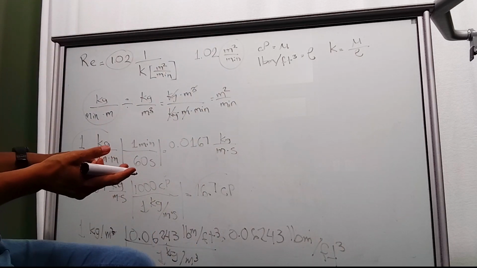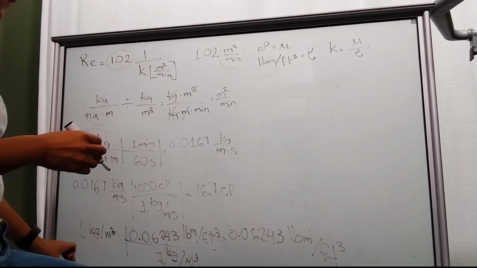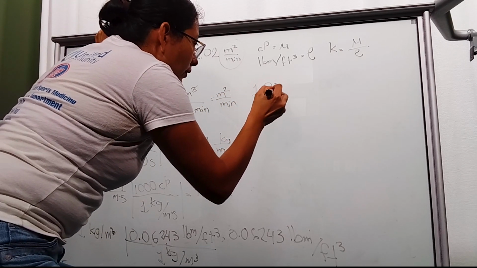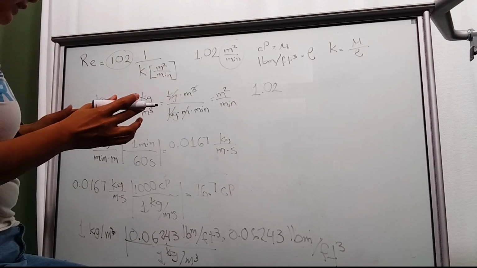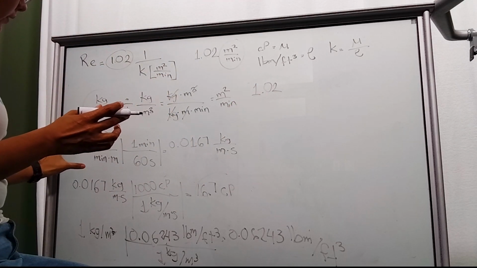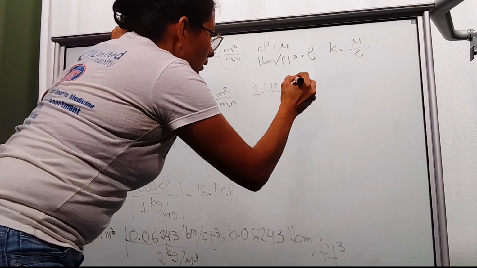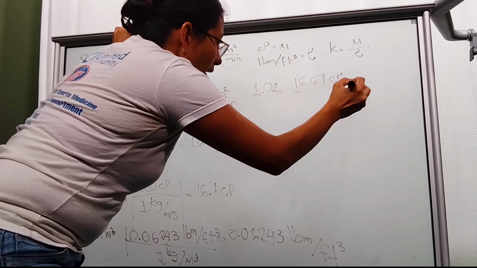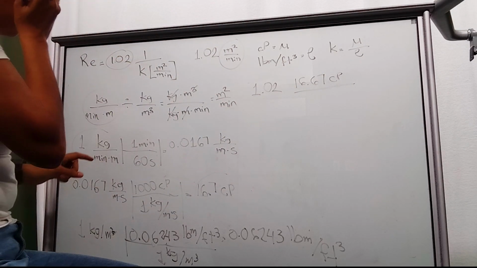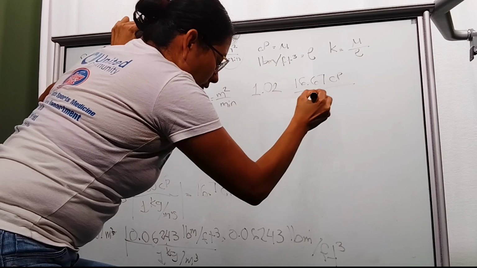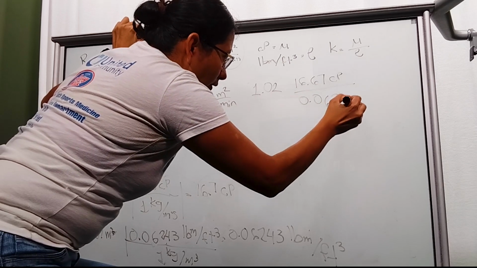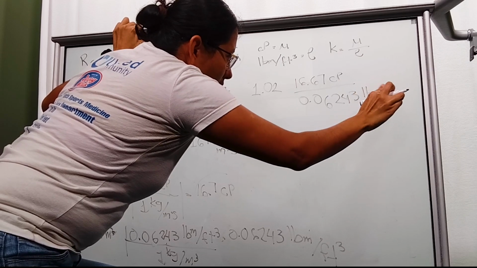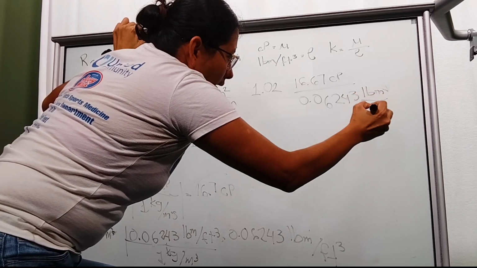So now we need to put everything together. So if our constant is 1.02, now we just need to multiply and divide by the conversion. So 1 kilogram per minute per meter is equal to 16.67 centipoise divided by the conversion of density, which is 0.06243 pounds by cubic feet.